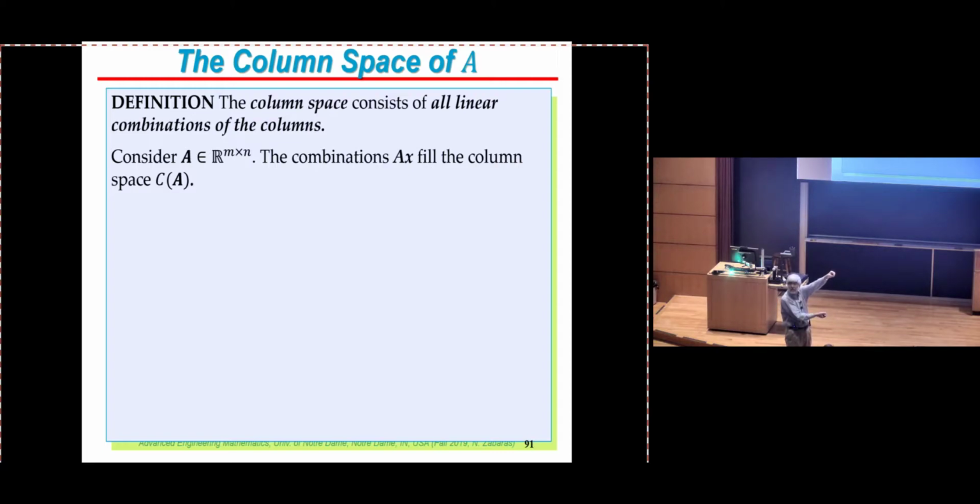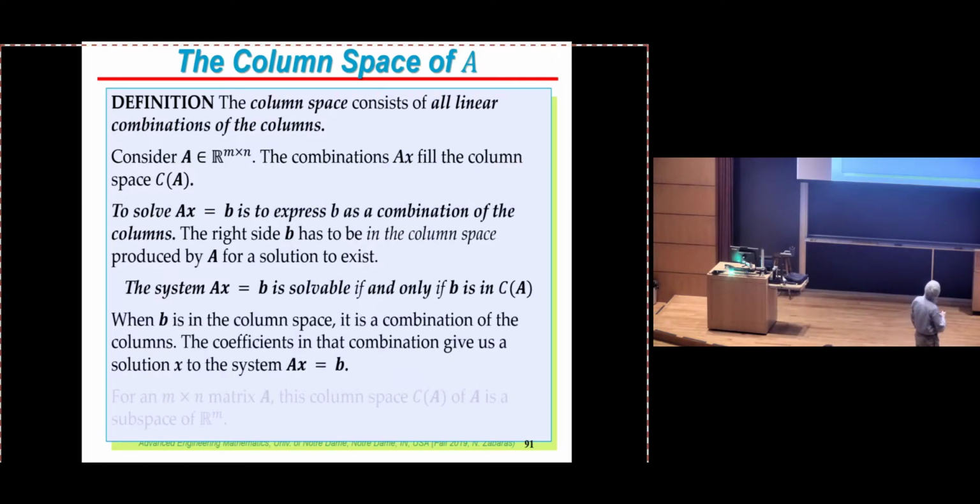They are m-dimensional vectors, so it's a subspace of Rm. Okay? They're column vectors, they have m elements. So the column space is a subspace of Rm. All right, this is very nice.